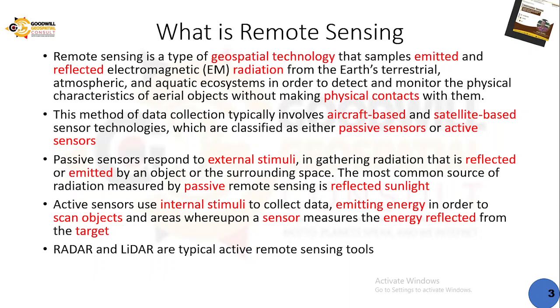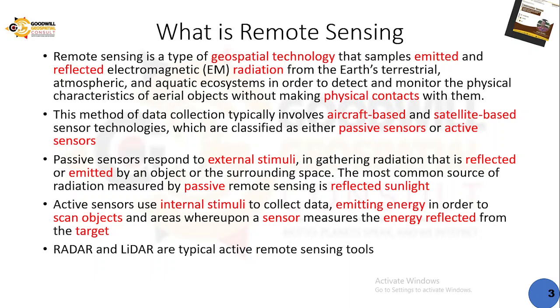Passive sensors rely on external stimuli to gather radiations that are reflected or emitted by an object or the surrounding space. The most common source of these radiations used by passive remote sensors is reflected sunlight, the reflected radiations from the sun.